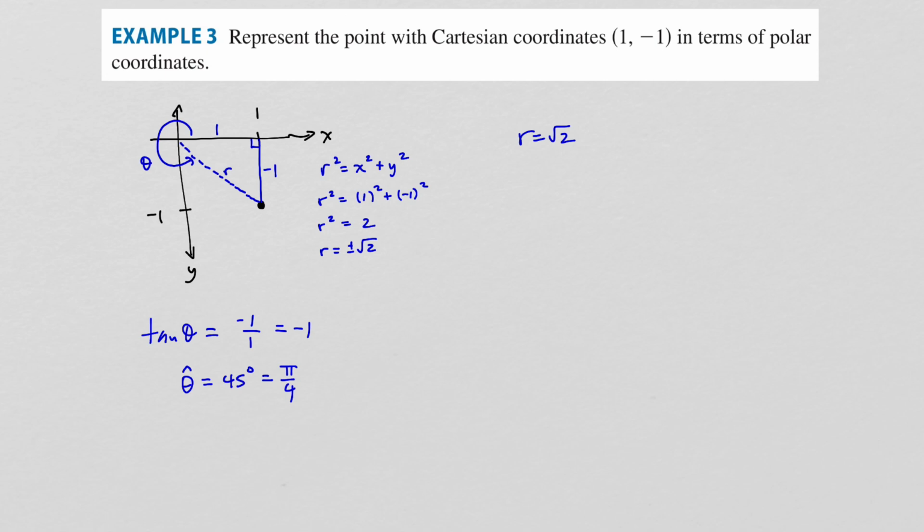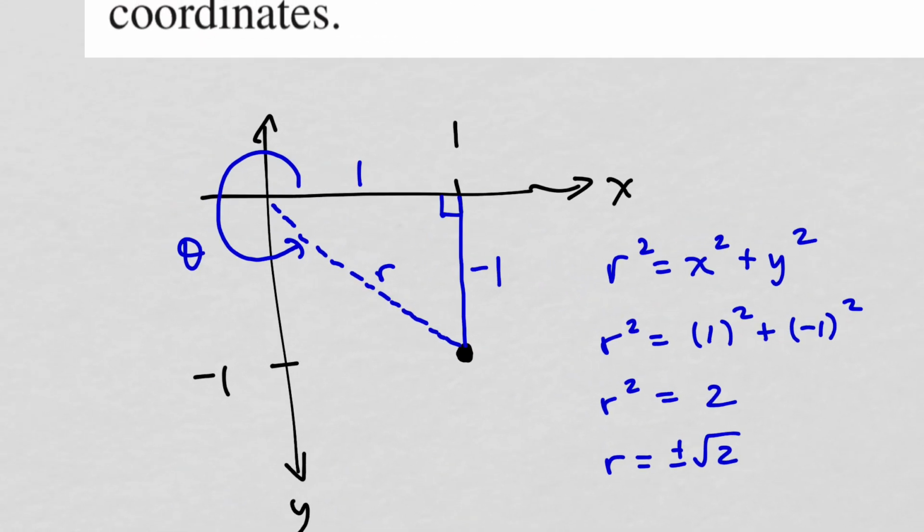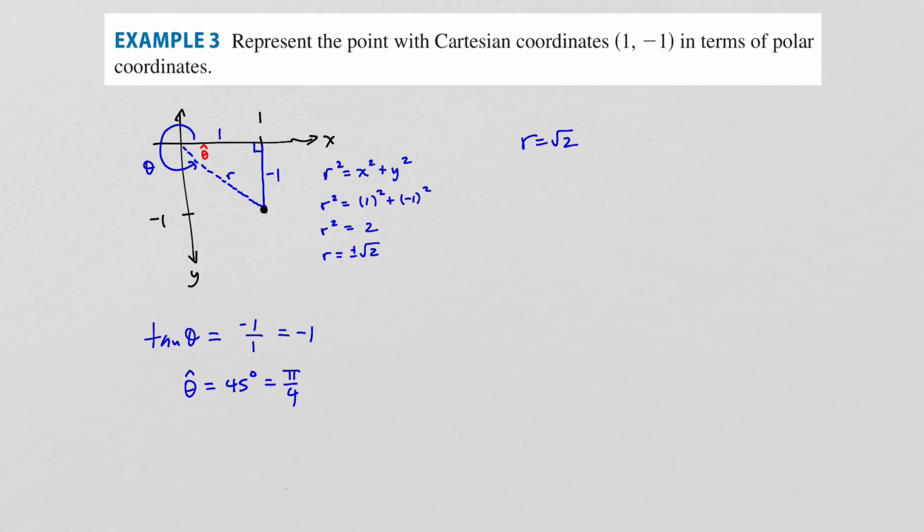Now, when I say reference angle, of course, I'm talking about this angle here. But that's not actually theta. Theta is the angle from the polar axis all the way around to this angle. So if this angle here is pi over 4, it would actually be negative pi over 4 as an angle, but as a reference angle, it's always a positive quantity.